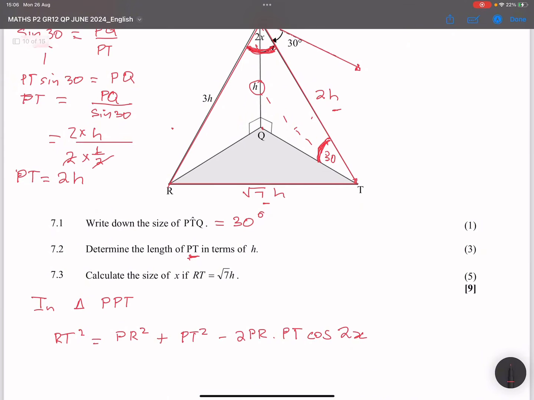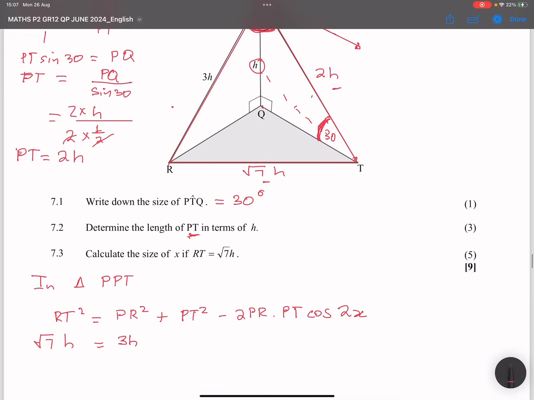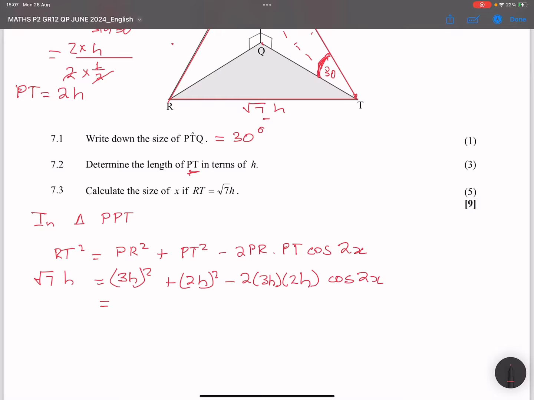Now RT is square root of 7H, and PR, I want you to note, is 3H squared, and PT is 2H squared, minus 2 times 3H times 2H, the cosine of 2x. Let's solve as much as we can. By the way, sorry, this was supposed to be squared. So I'm left with 7H squared, and I'll have 9H squared plus 4H squared.